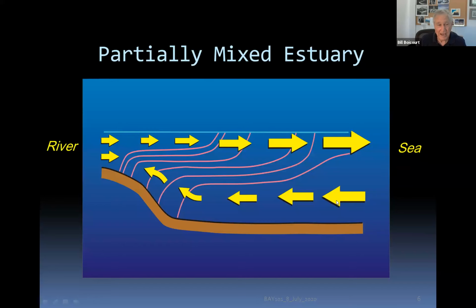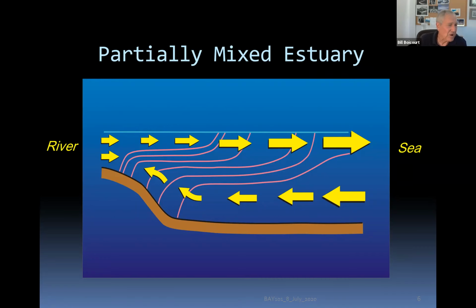The underlying flow is 5 to 9 times bigger than the Susquehanna as it moves landward. So that magnification of a partially mixed estuary is remarkable, and it's special for these kinds of estuaries.